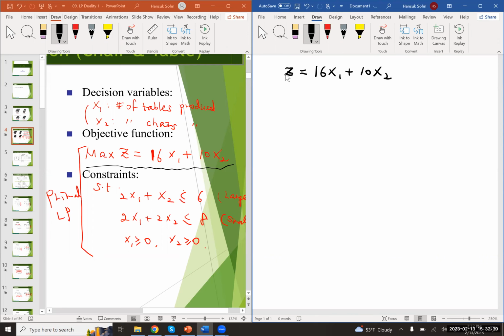And what else? We do have non-negativity restrictions, so both x1 and x2 are greater than or equal to 0. At the moment, let's just consider this.